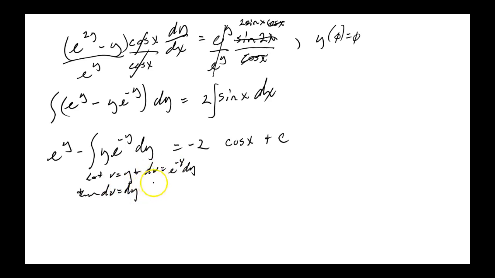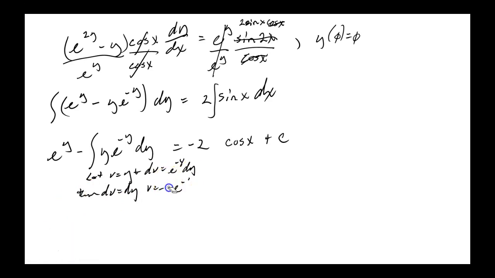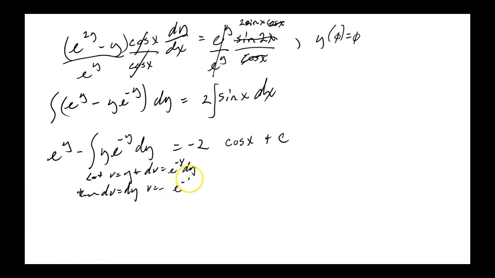Okay, then dv is equal to dy, and v is equal to, when you integrate that, you get minus e to the minus y. Okay.